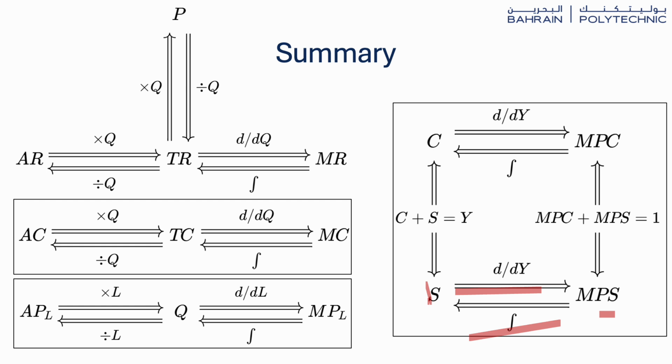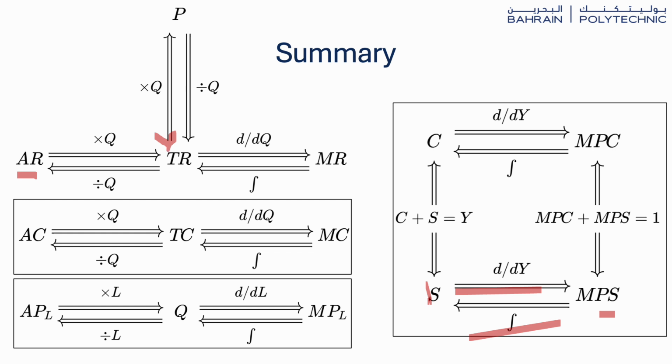Also, if we have the average revenue and multiply it by quantity, we get the total revenue, and if we divide total revenue by the quantity, we get the average revenue. Also, to calculate the total revenue from the demand, we have to multiply it by Q. So the arrow should be opposite.